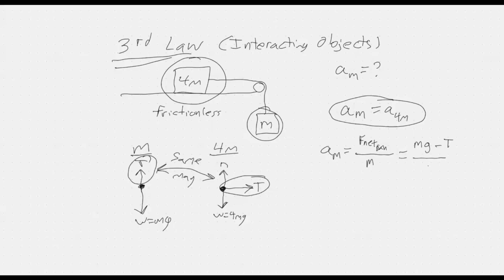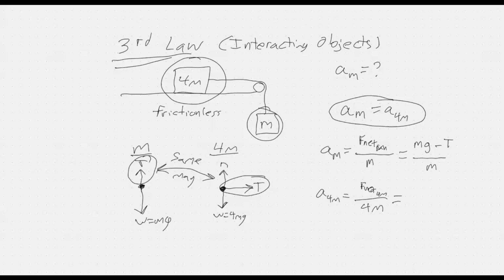a_4m would be equal to F net for 4m over 4m. These are just subscripts on the top, but on the bottom, it's 4 times m, the mass of box 4m. All right, well, F net for 4m will be in the x component. The y component will not have a net force because a_y for box 4m is 0.